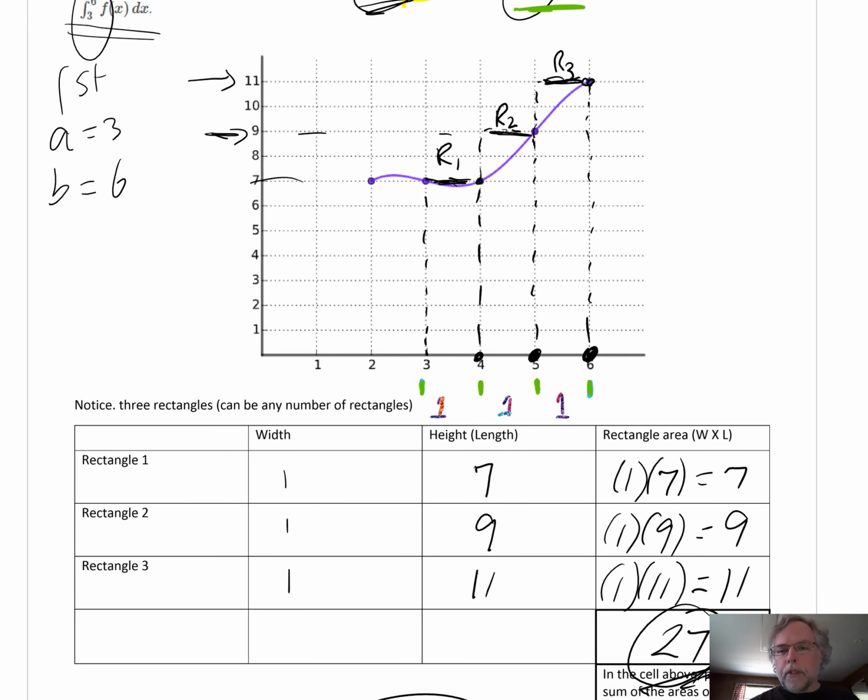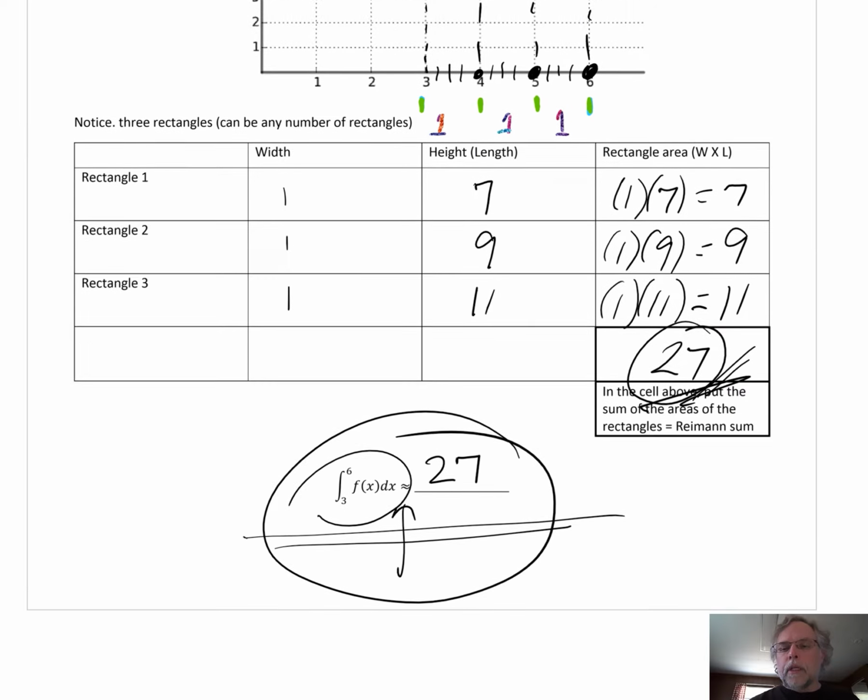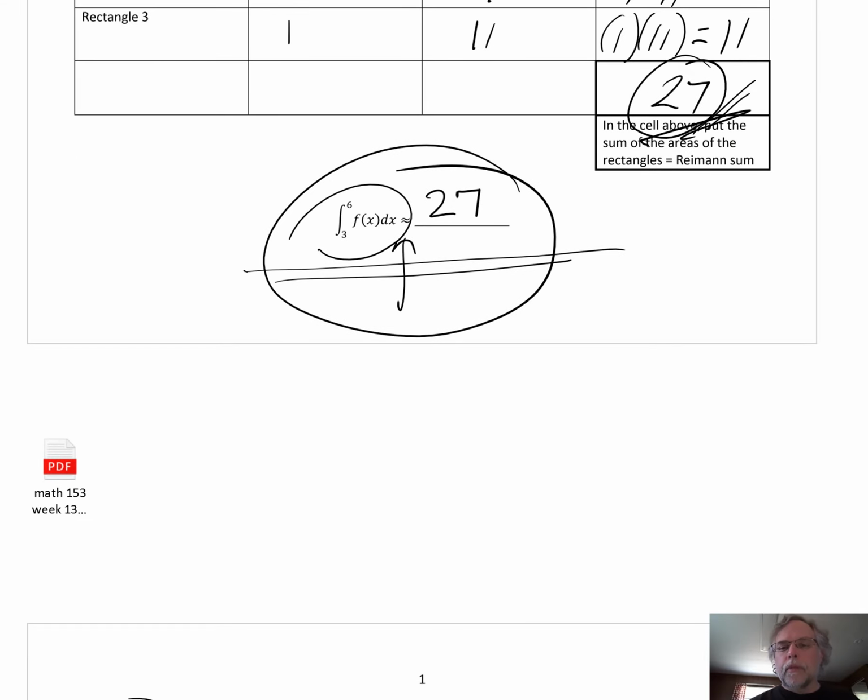We could redo this, subdividing each of those in half using 6 like that. Then we could divide each of those intervals in half and use more and more. Every time we created this finer and finer subdivision, we would be using more rectangles, and the approximation that we would achieve would be more and more accurate to the value of the definite integral.